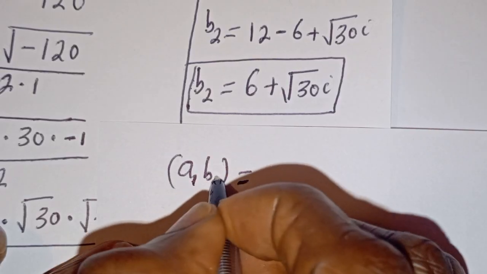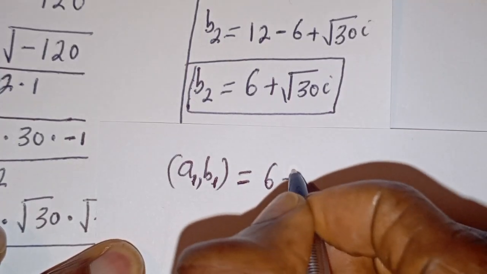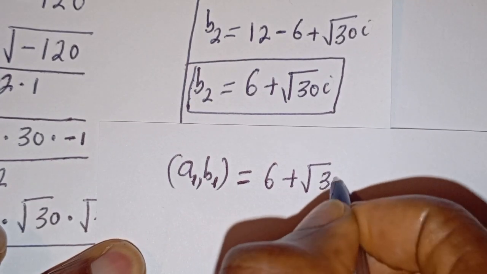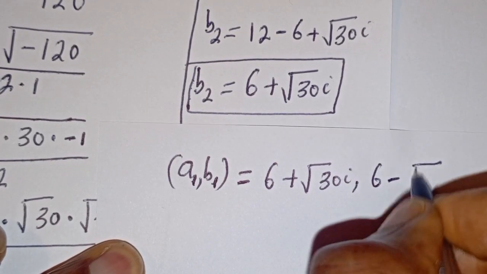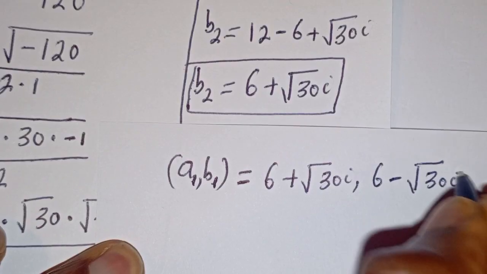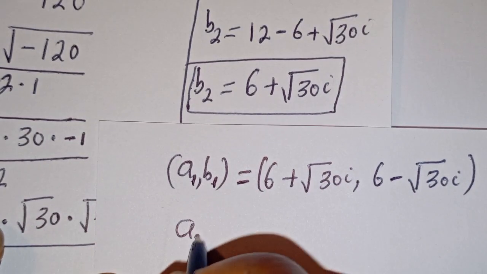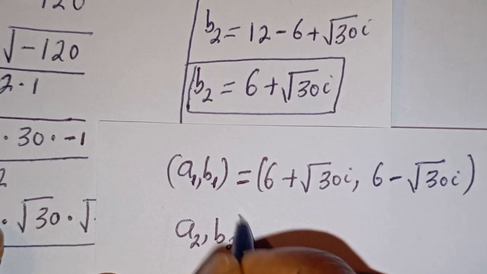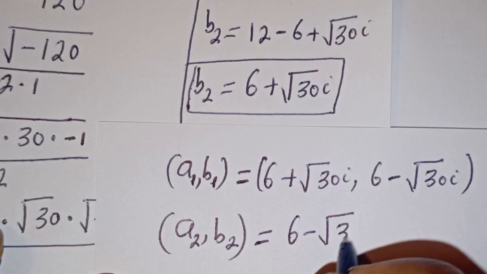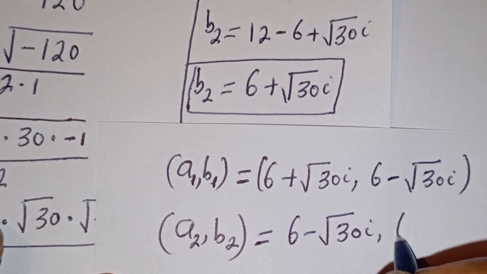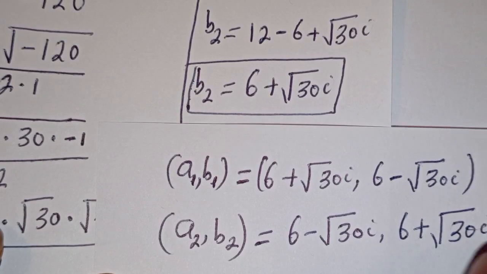So this is a1, b1 is equal to 6 plus square root of 30i, 6 minus square root of 30i. And a2, b2 is equal to 6 minus square root of 30i, 6 plus square root of 30i.